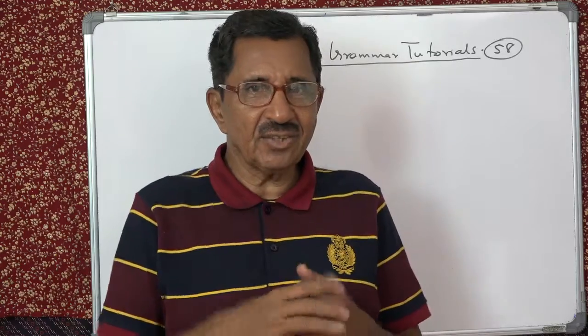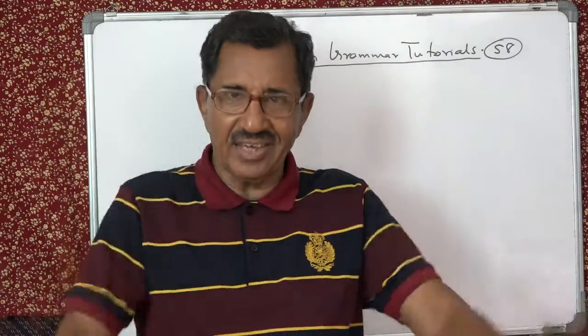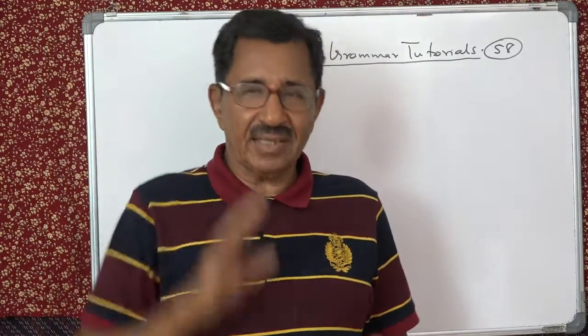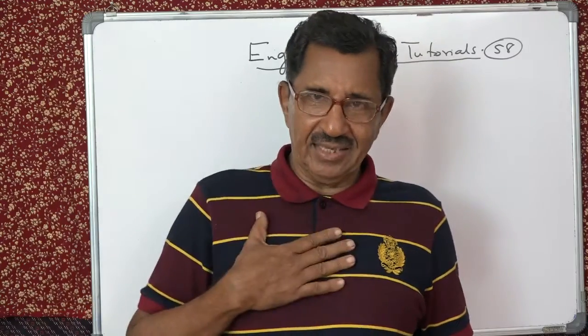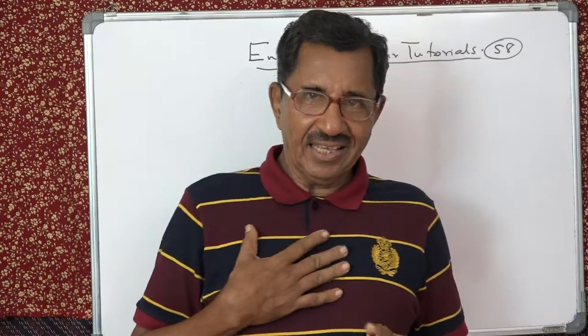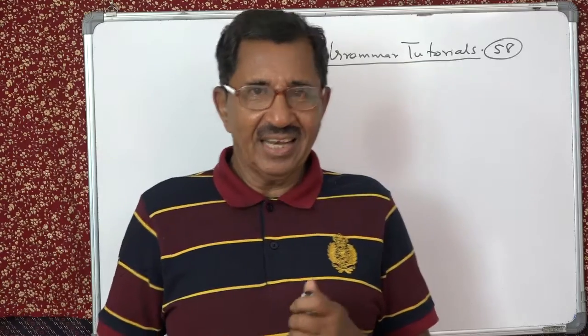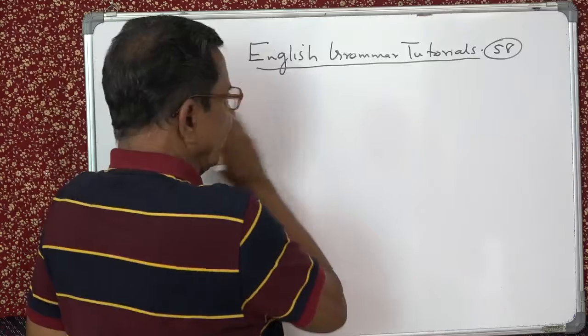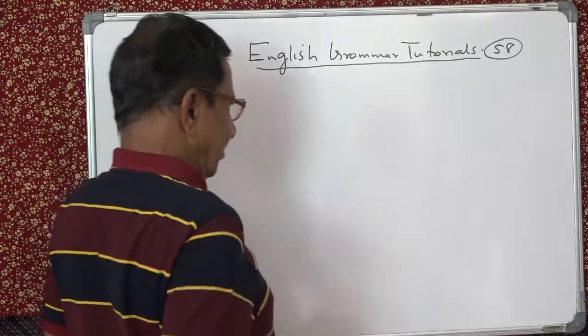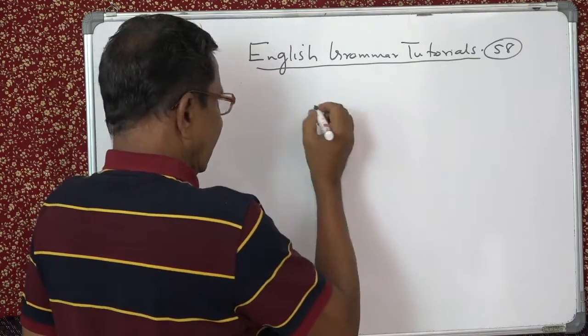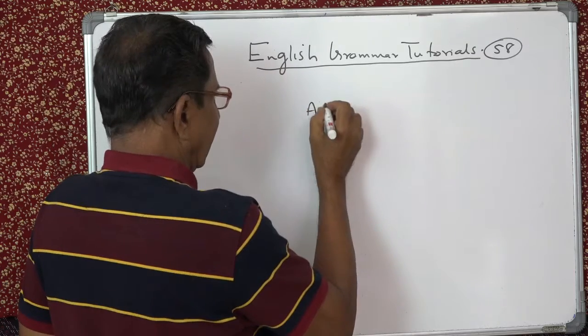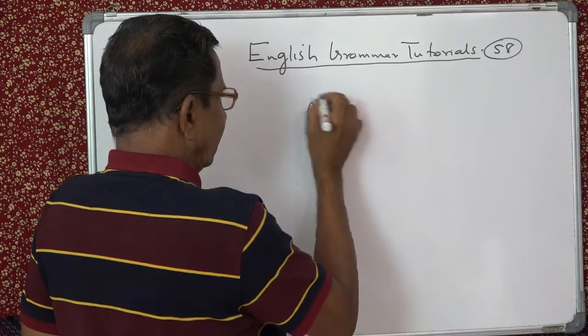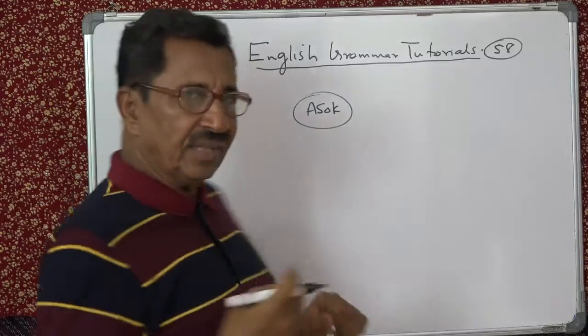I told you there is no I, there is no we in the world. But everybody is I. Now suppose that is my name. Let's say my name is Ashok. I am Ashok.